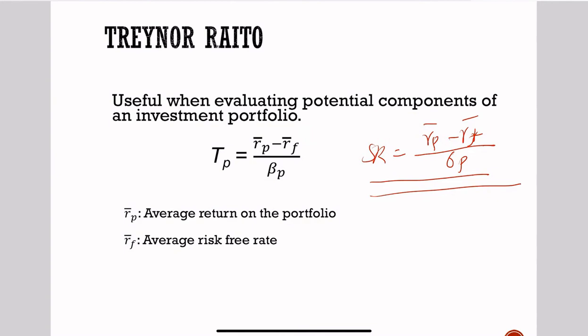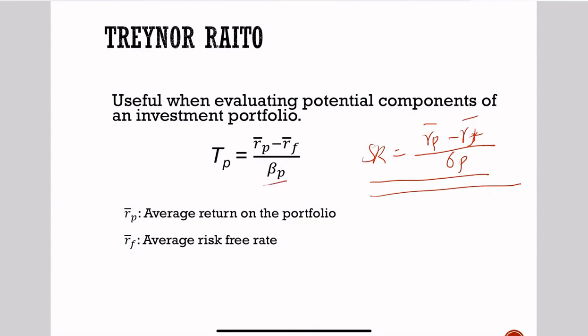Unfortunately, I have to go back to corporate finance too. So if you have not taken corporate finance too, maybe it's better for you to borrow a book and read the related chapters. Because sigma p, the volatility, is a measure of both systematic risk and non-systematic risk, right?